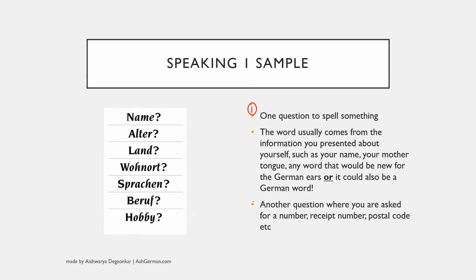And the other question is always about a number. So it's basically testing whether you can correctly spell out a word. Say, for example, if you don't know how to pronounce it and if you need help, you should be able to at least ask by spelling, as well as knowing the numbers in German.